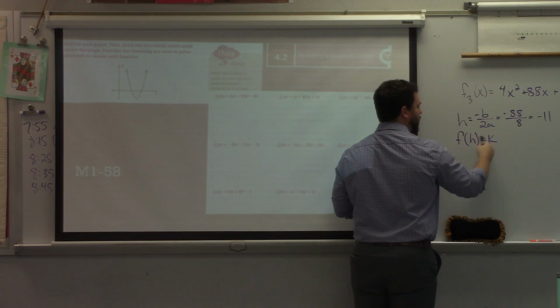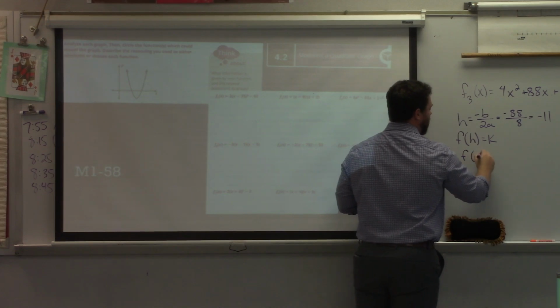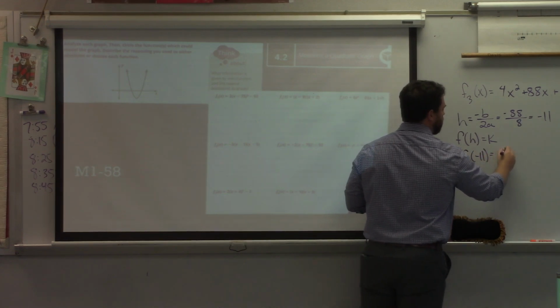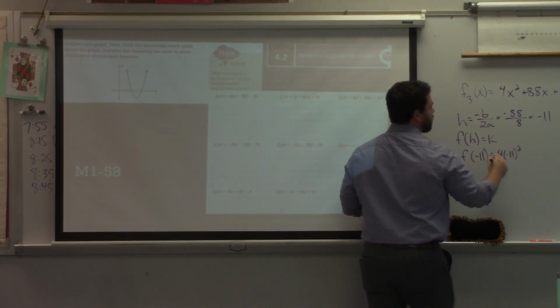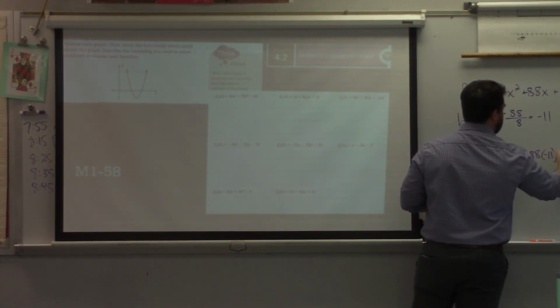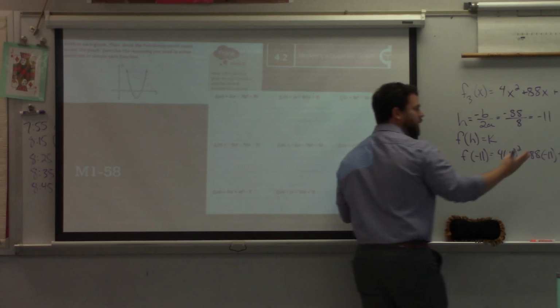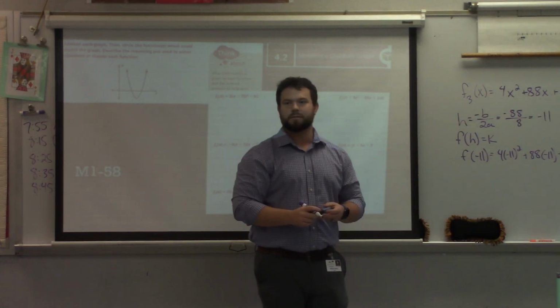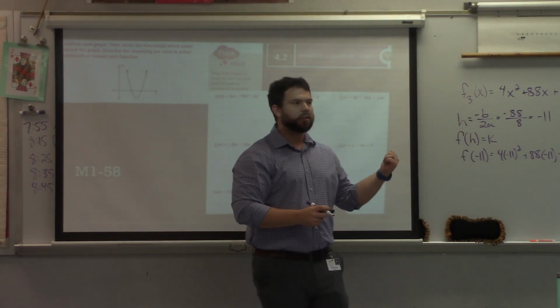Okay. Input and output, the x and the y. So if I were to substitute that negative 11 in, and I don't know exactly what I would get, but that's how I would find my vertex. Does anybody have a calculator on hand that they could type that in? Thanks, Crystal.